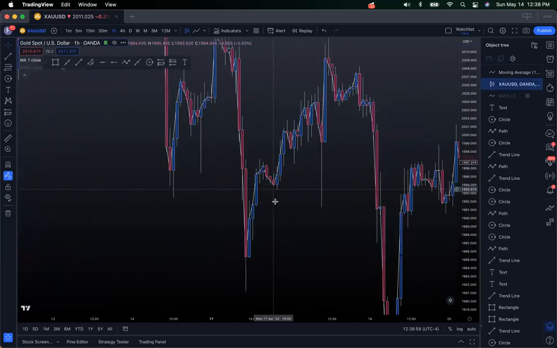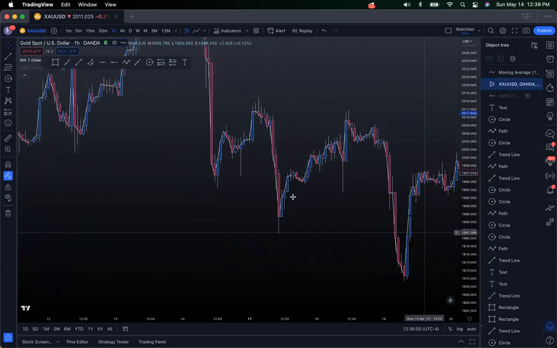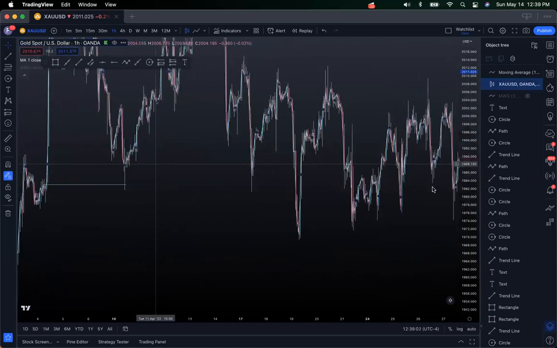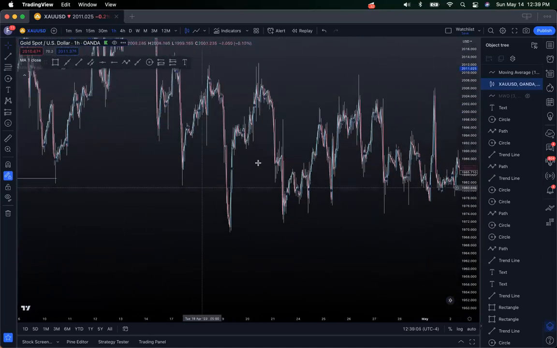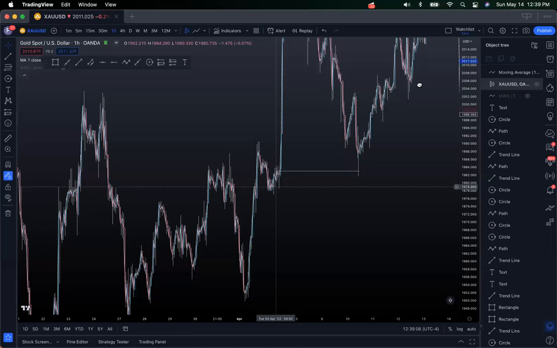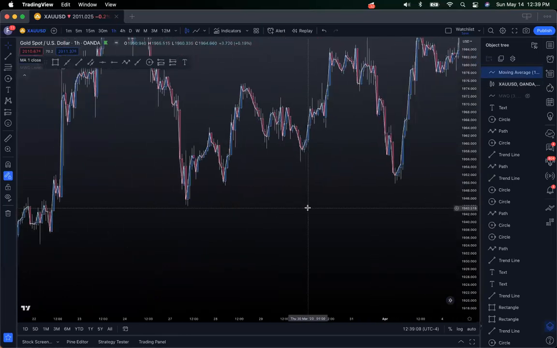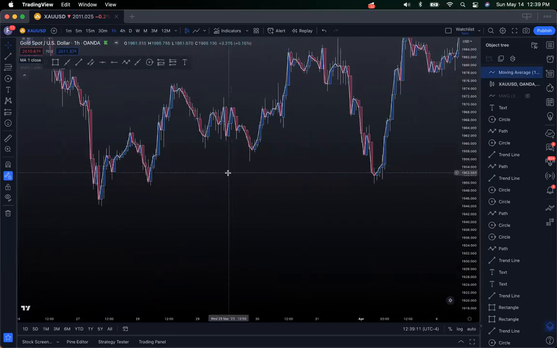All right, so I know that this range that we were in the last couple of weeks is just terribly ugly, but I gotta go back in time a little bit. Okay, good. So we have a head and shoulders right here.